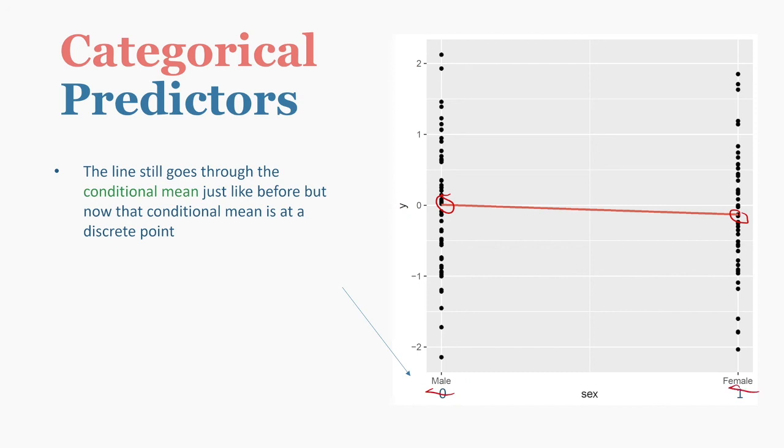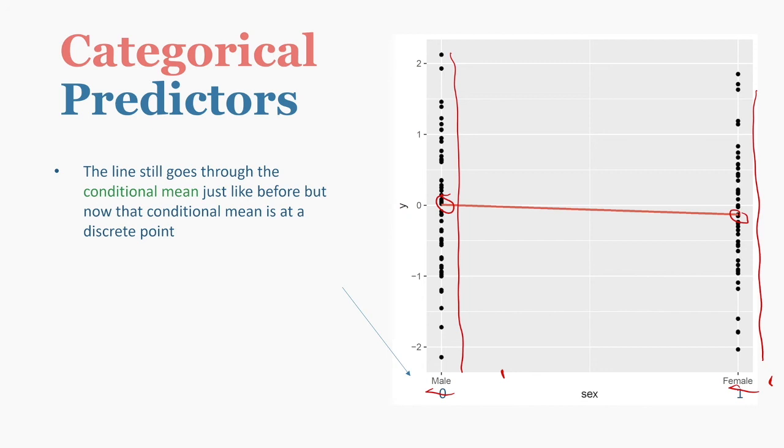And you'll notice that all the points either fall along x equals 0 or x equals 1. And that makes sense, right? Since you couldn't have a value at, say, x equals 0.05 or 1.7, because we're working with a discrete category that has two levels, male and female.